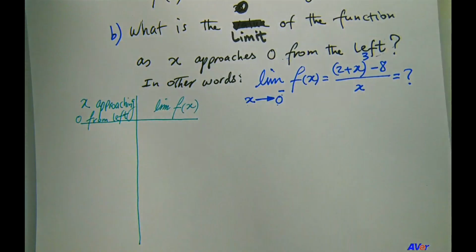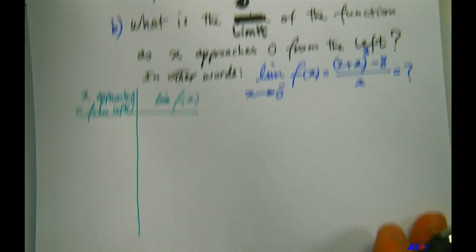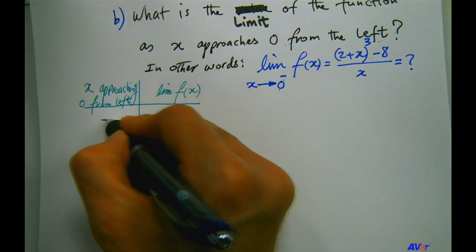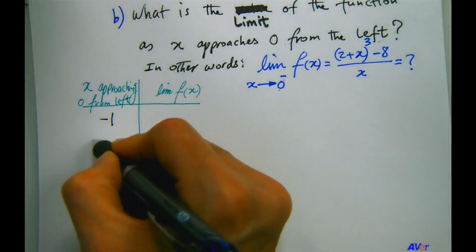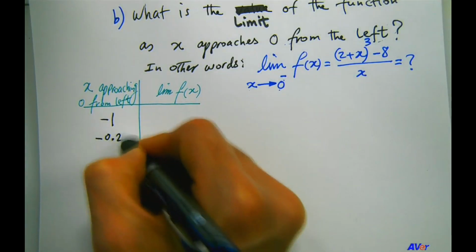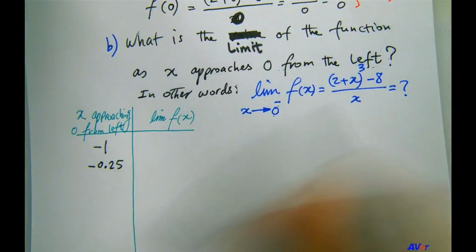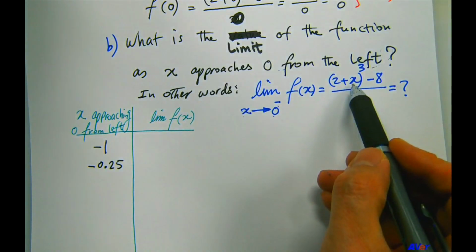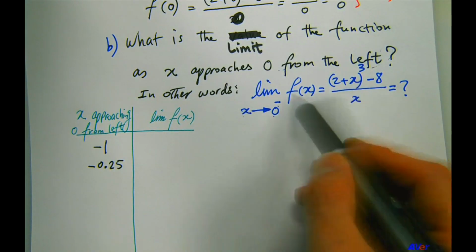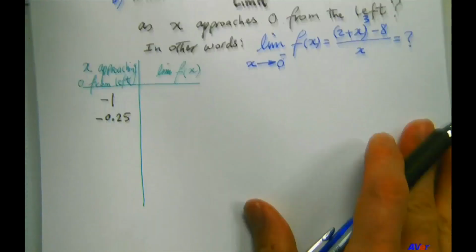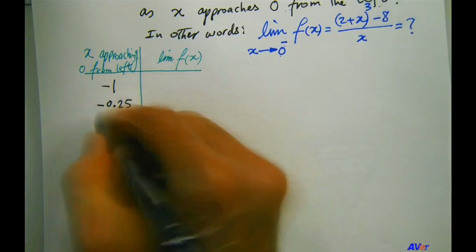Let's pick some values. I've already done that. So I have -1, -0.25. I've basically plugged in these values for x and calculated the value of the function as we get closer and closer to 0 from the left.